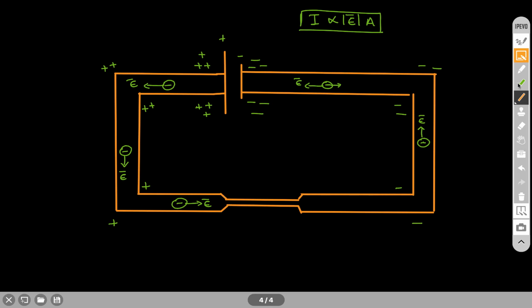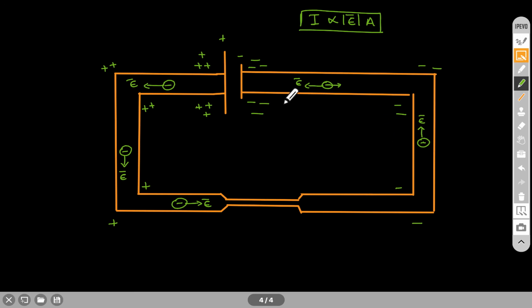So as I mentioned before, if you do an experiment, this is important, the experimental result. If you do an experiment with this circuit where you have one piece of a wire that is thinner, smaller cross-sectional area than the rest, you will still find the current to be the same everywhere throughout the circuit.